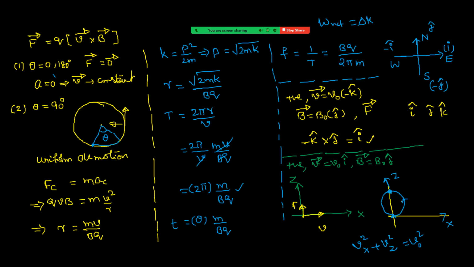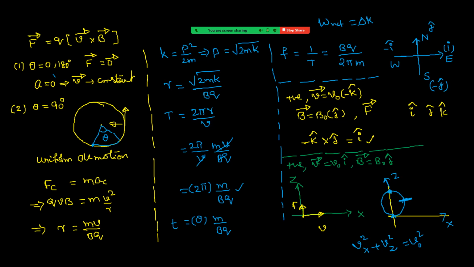Next, if you observe till one fourth of revolution, its velocity component along x-axis is positive x-axis. After that, it is along negative x-axis, right? So we can expect some simple problems based on this theory.